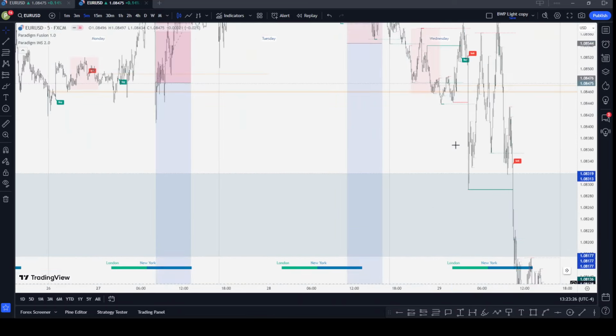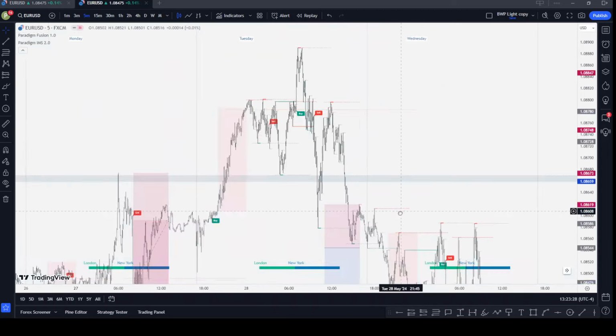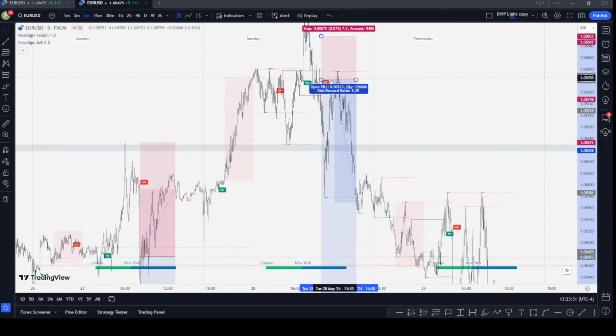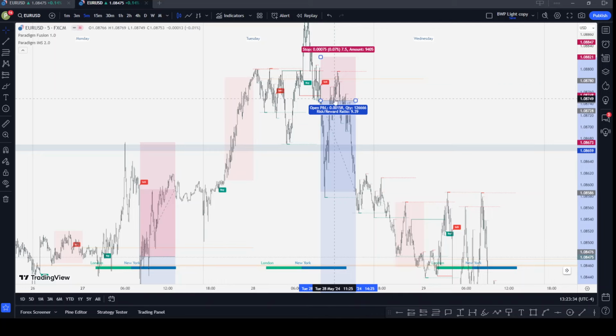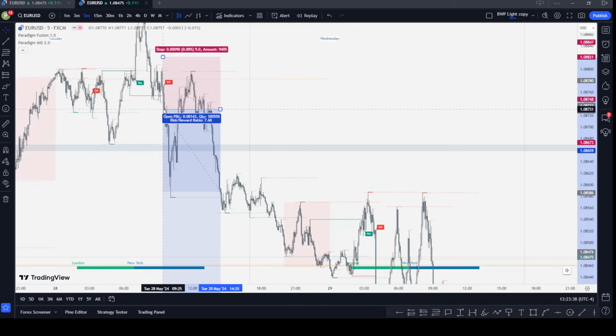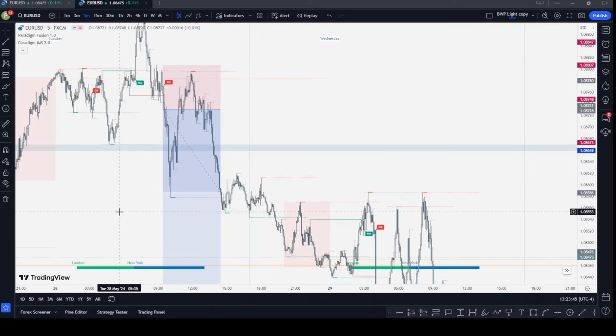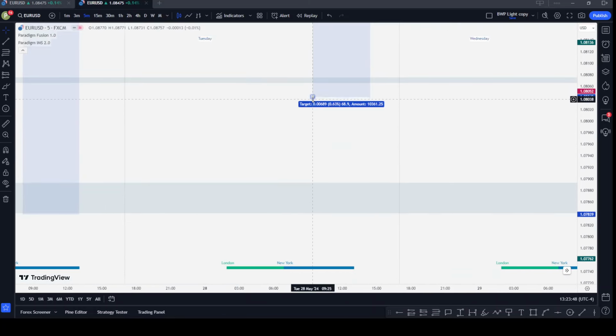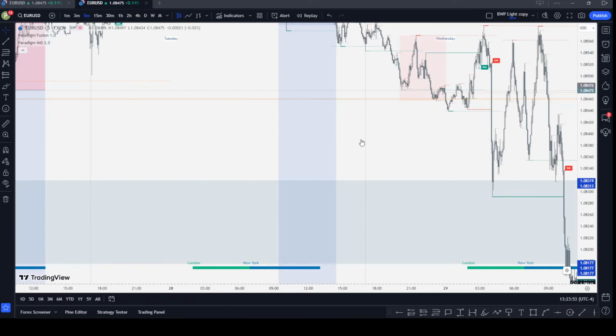So that's the first trade, and the stop loss is there. So again, it targets the high. I'm going to use the high.